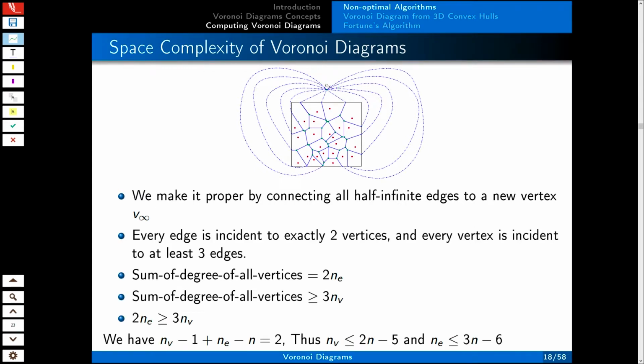Now, just do a simple combinatorics: what is the degree of each vertex in a Voronoi diagram? What is the degree of this vertex? Okay. How many Voronoi regions can it share?